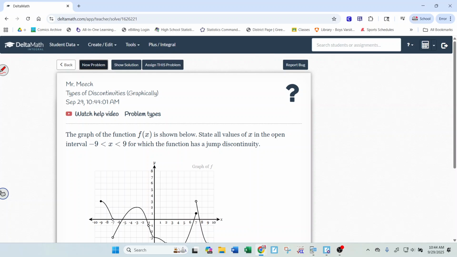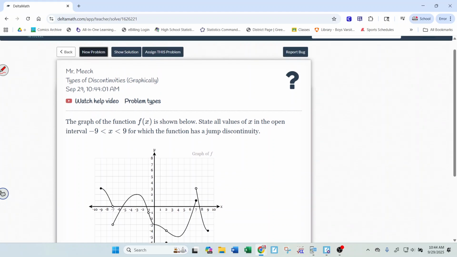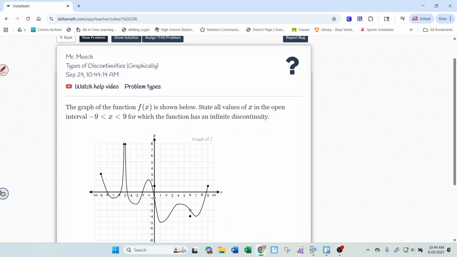Now this one's asking, where is the jump discontinuity? -7 and 7. Does that make sense? See, does that make sense now what you're looking at? Okay, where's the infinite discontinuity? -5 is where you have a vertical asymptote. So the first couple problems here are just understanding those different types of discontinuity from the graph.